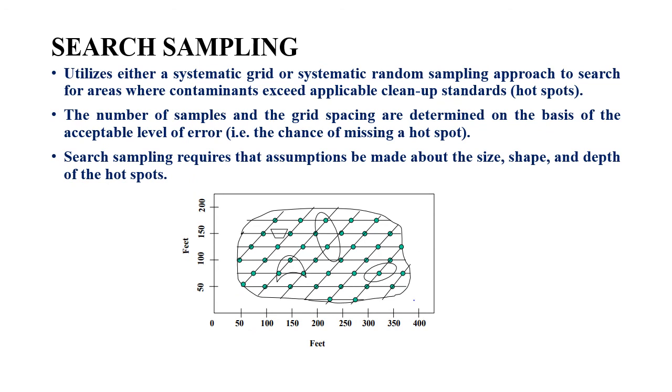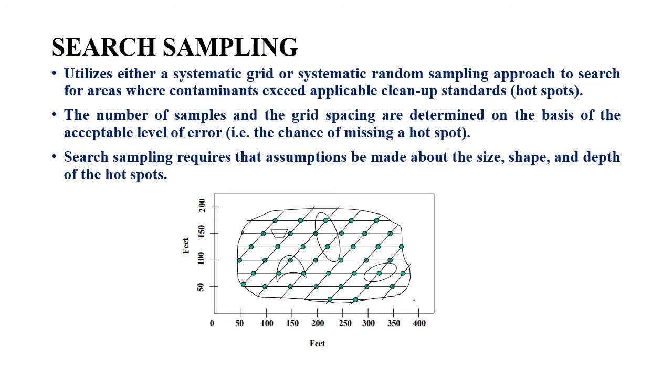Now, the intention behind doing a search sampling is to identify those hotspots, where there is maximum concentration of contaminants present within the area of concern. Within the area of contaminated land itself, there will be certain areas which can be termed hotspots, where you will have the highest concentration of contaminants.